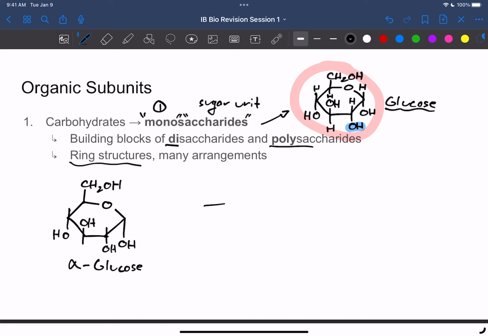And then something like beta glucose would have the OH here. This will all make sense as I break it down even more, but these two you're going to have to know how to draw on the exam.